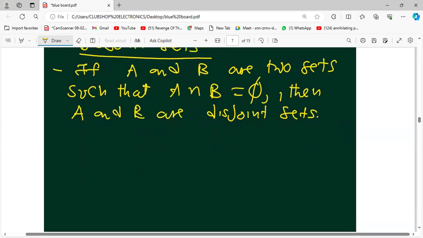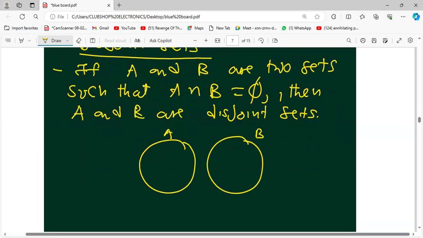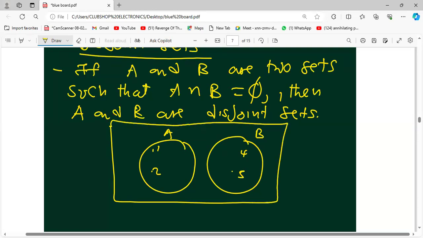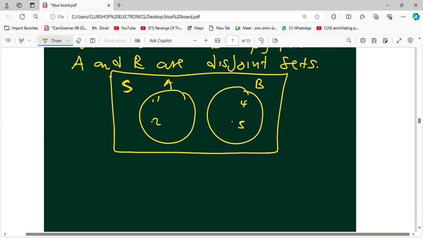Then you present this in a diagram. We have A, B, and elements 1, 2, 3, 4, 5 in the sample space. In this case, A and B are disjoint sets, where the elements have nothing in common. In other words, the intersection of these is the empty set. Such sets are said to be disjoint.